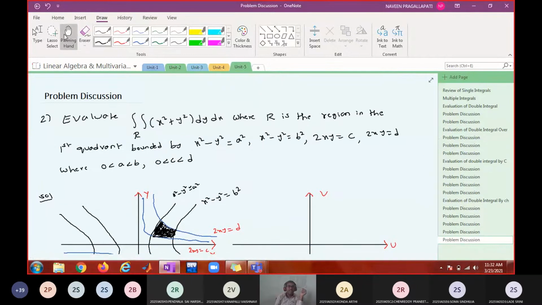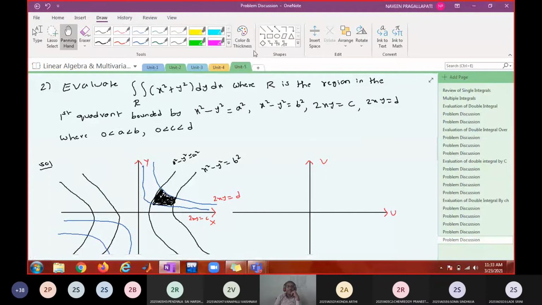Instead of that, what substitution can I make by observing these equations? Can you tell me? x square minus y square equal to u, and 2xy equal to v. Then u equal to a square, u equal to b square, and v equal to c, v equal to d.